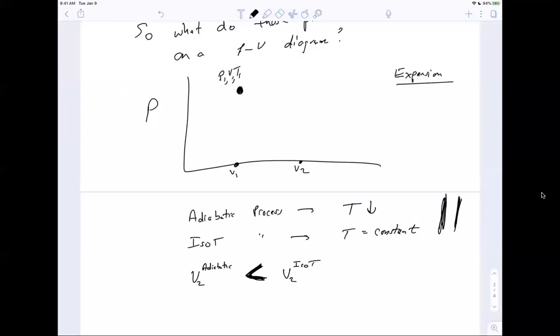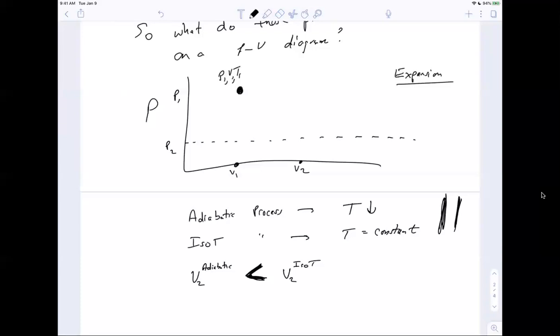We'll have the same final pressure. So the pressure doesn't matter in this case. So here's P1. In both cases, we're going to go to P2. Okay, that's our stipulation. That's something that we can do by having a weight on our piston or whatever as this thing expands. And the final pressure is going to be the same in both cases.